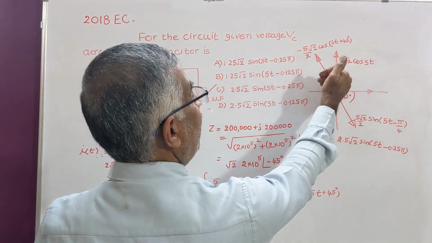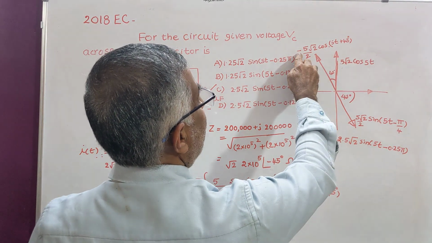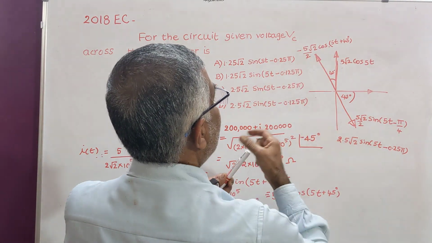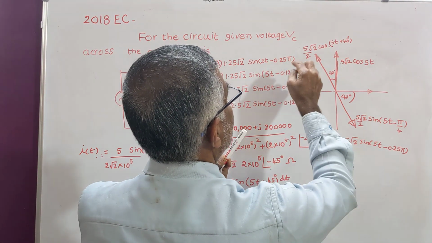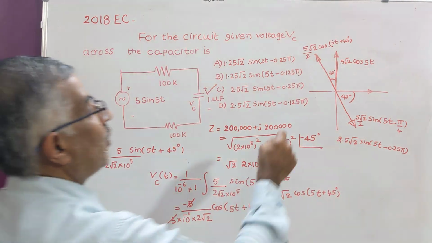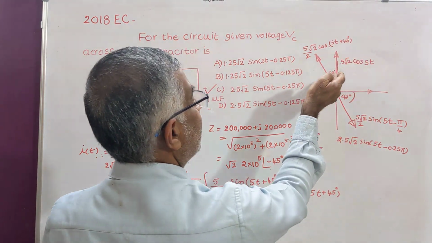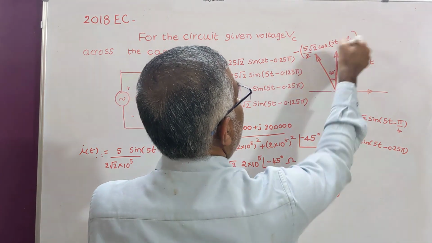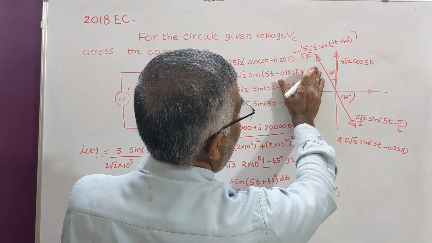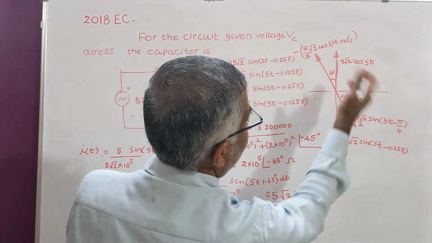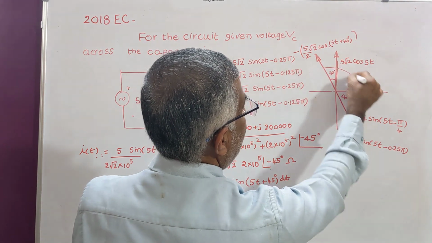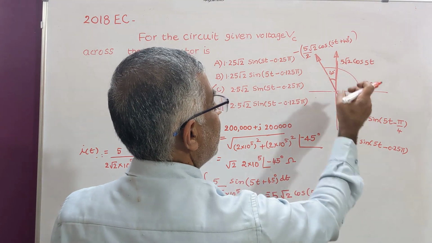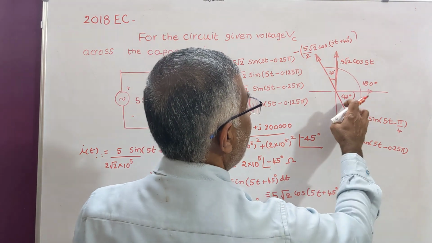Then further 45 degrees if you take, it becomes minus 5 root 2 by 2 cos 5t plus 45 degrees. Minus of that. So whole thing, minus of that means anti-parallel with this, anti-phase with this. That is 180 degrees. This is 135 degrees. Therefore, the remaining angle must be 45 degrees.